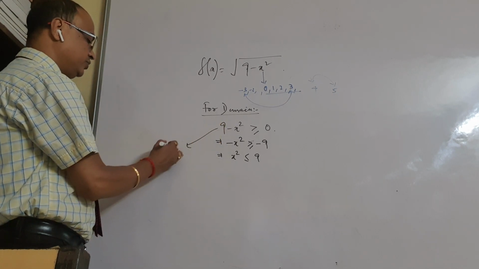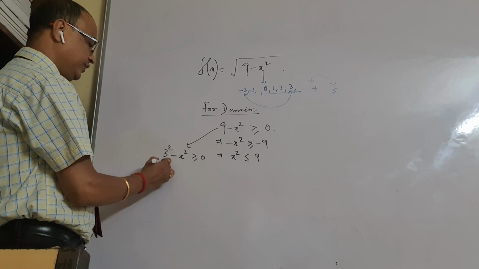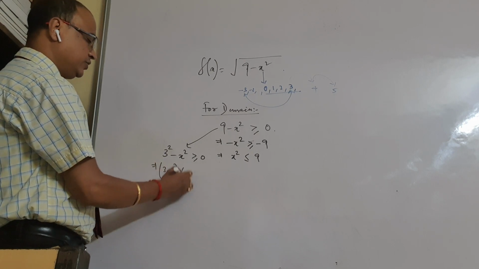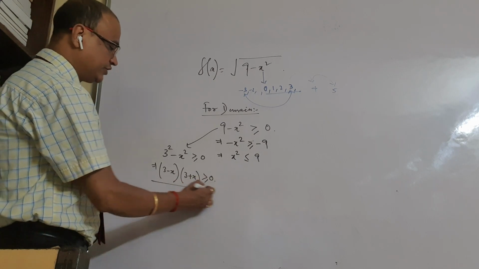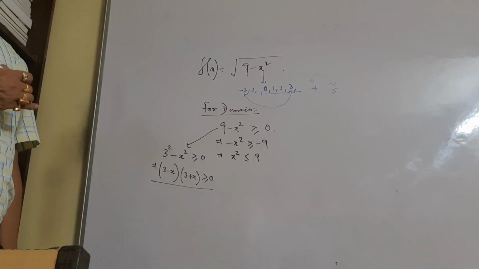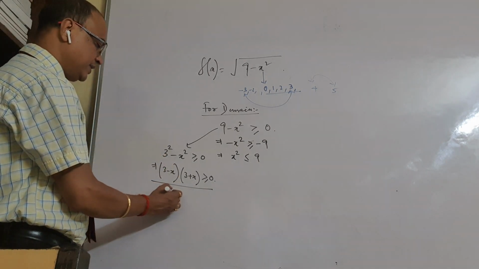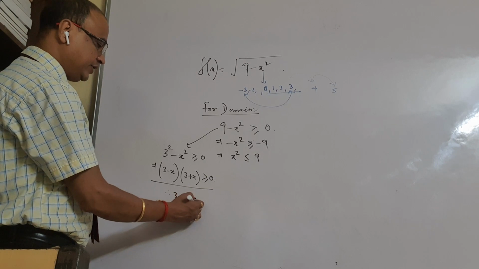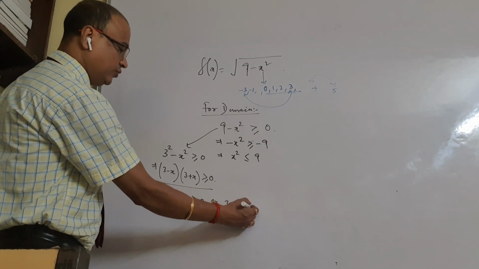This 9 means 3 square minus x square greater than or equal to 0. Or we can write (3 minus x)(3 plus x) greater than or equal to 0. It depends on you how you understand. So from here you can say that either 3 minus x is greater than or equal to 0 or 3 plus x is greater than or equal to 0.